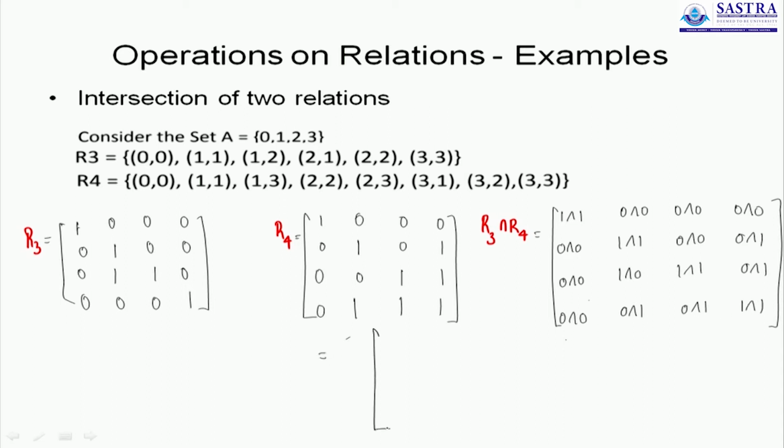Now you know how this multiplication works. You get a 1 only when you are multiplying the two ones. In all other cases it's 0. So now you will find that only the diagonals are 1s and all the remaining 12 entries are zeros.